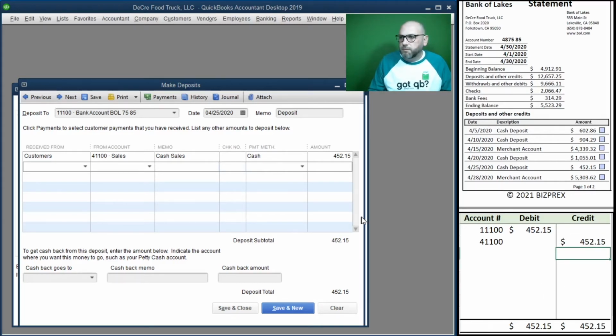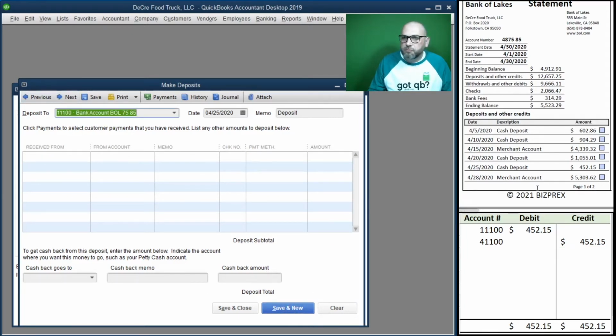Here we are, right? Everything is good. Everything is in agreement. Again, here we're entering amount once, but it actually serves as both, and it's important to remember that. Again, right here, this is a credit for this account, and this amount is a debit for this account. Good to go. One more, we have to book this merchant account, right?